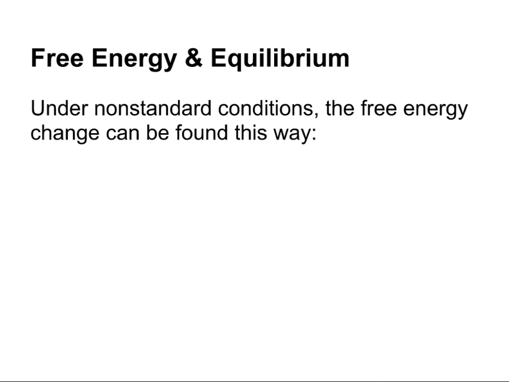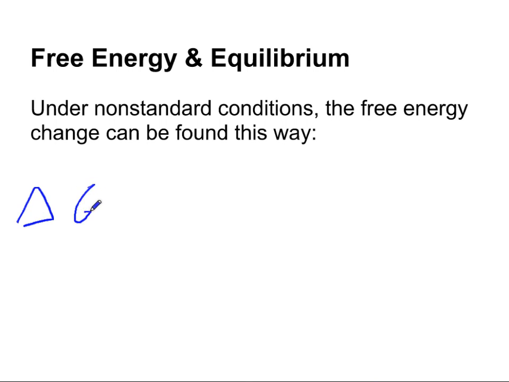We can also use free energy to relate it to equilibrium. So under non-standard conditions, so we don't have that little naught symbol, we're not at 1 atmosphere pressure or 1 mole of gas or 1 molar concentration, the free energy change can be found this way.